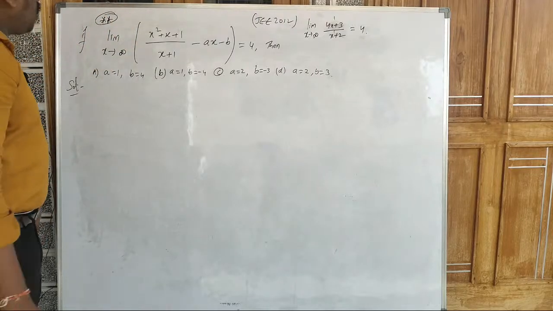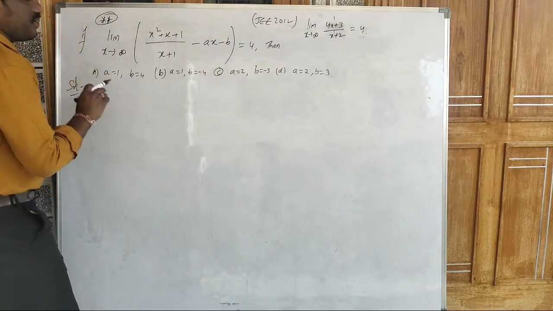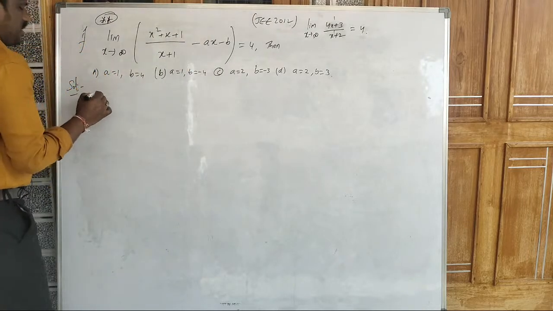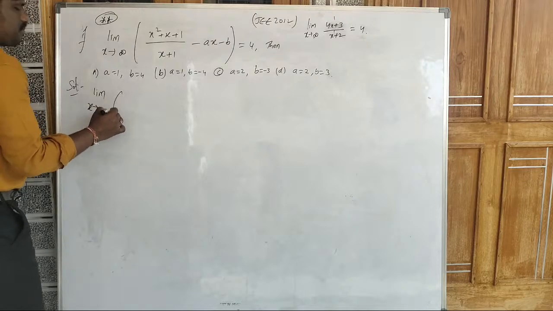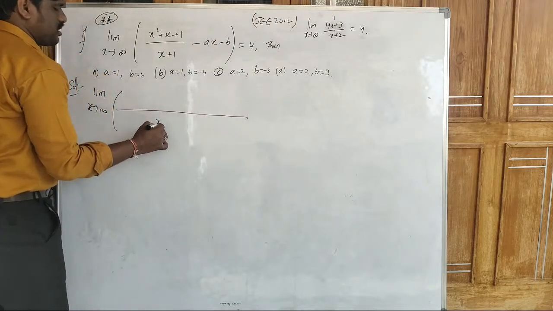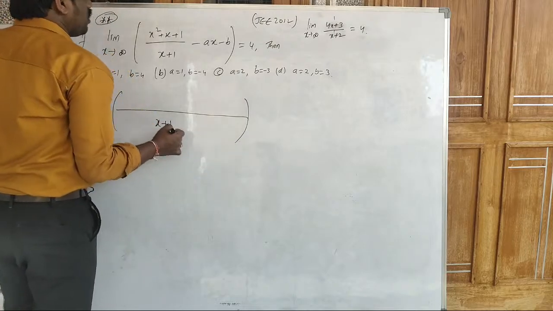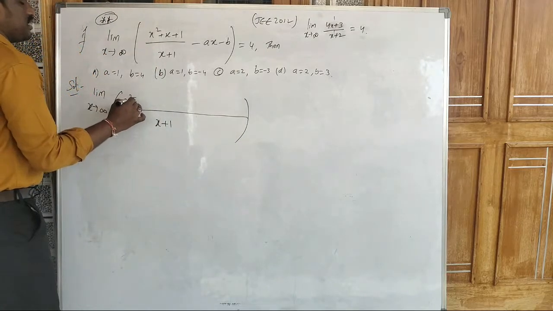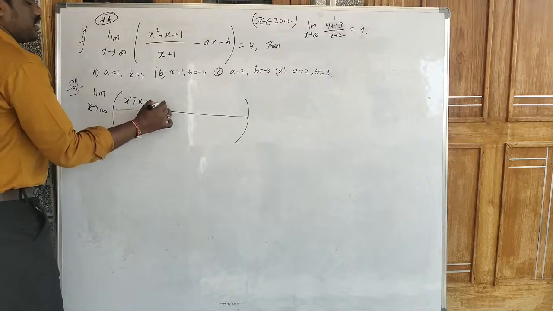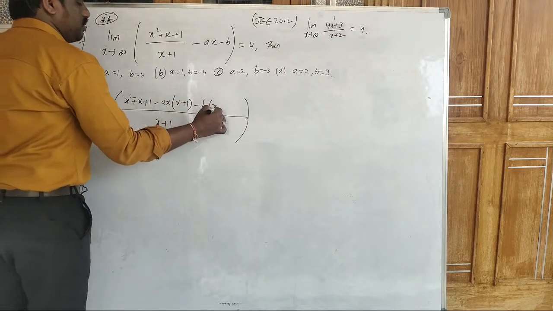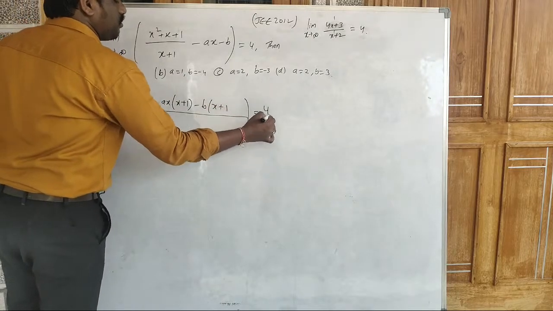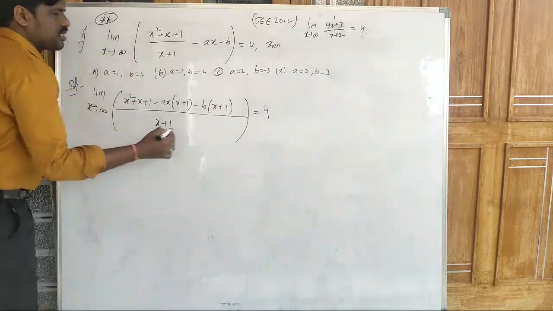Correct? So first of all, I make this LCM and then I'll make the degrees separate. I take x plus 1 as the LCM, and then I get here x square plus x plus 1 minus ax into x plus 1 minus b into x plus 1, and this is equal to 4. Correct?